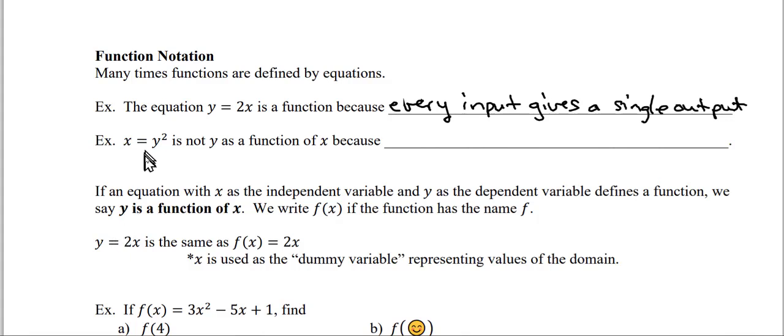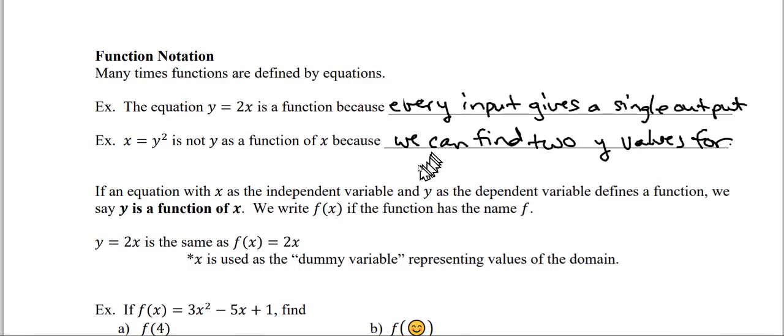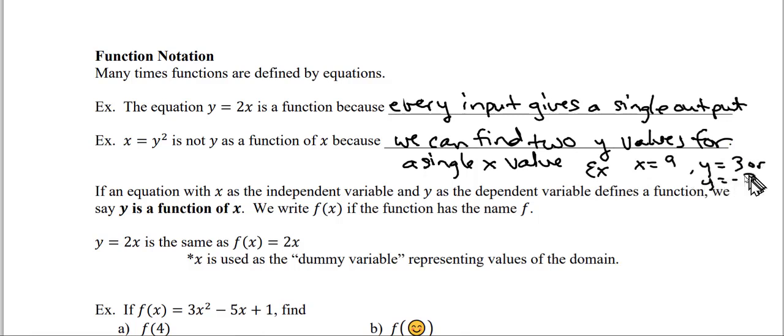Here, however, is not y as a function of x because we can find two y values for a single x value. For example, if x equals 9, y could be 3 or y could be negative 3.